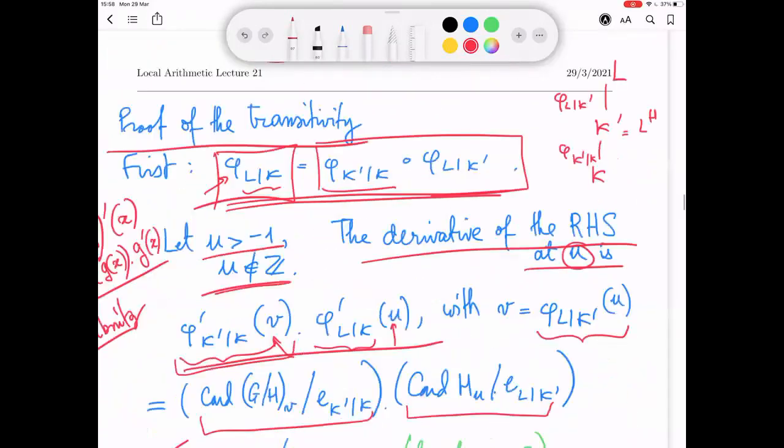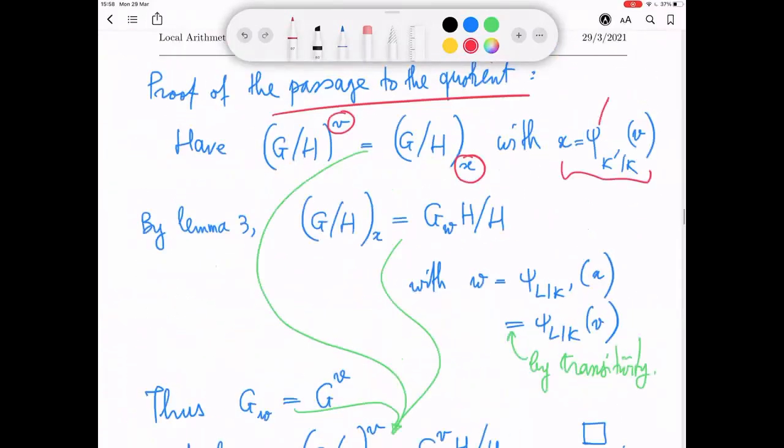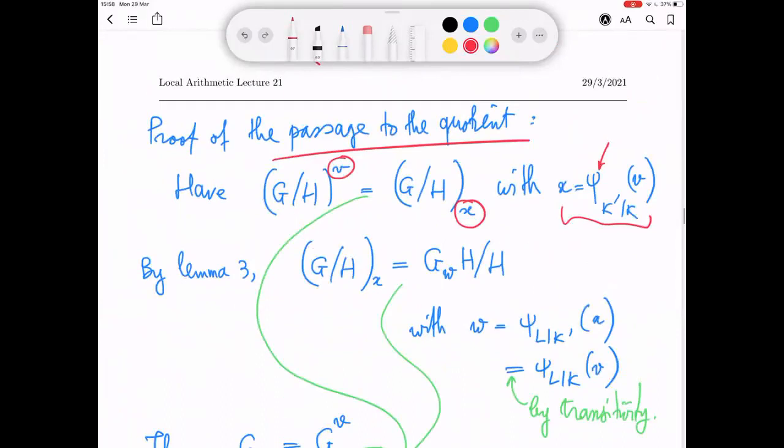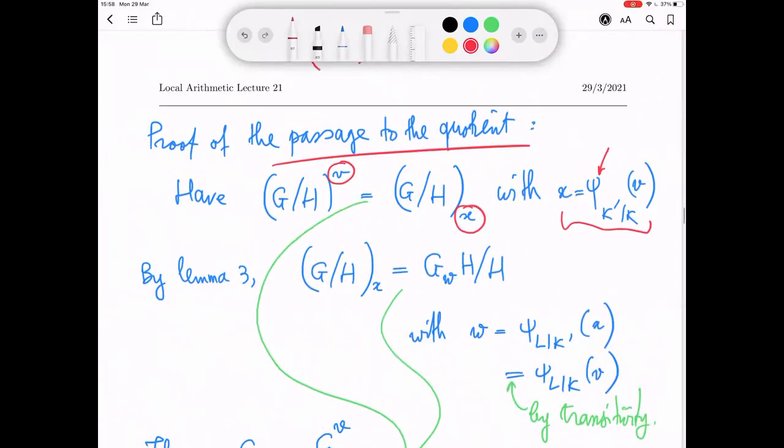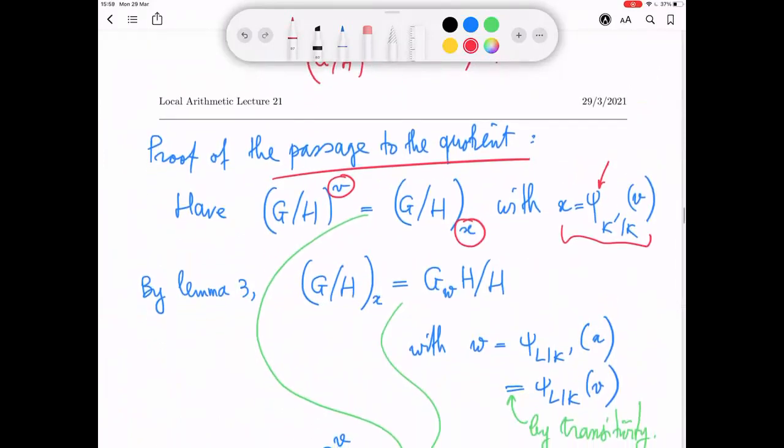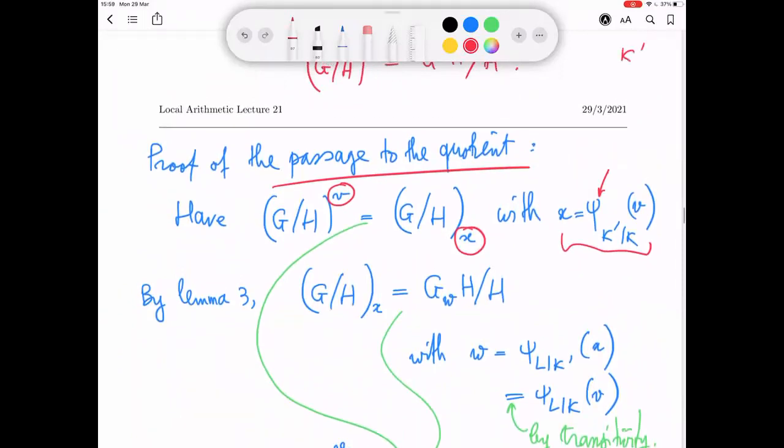Which one has been used? Yeah, the one involving psi has been used. G upper V, or G mod H in this case, the group is G mod H. G mod H upper V is G mod H lower psi of K' over K of V. So G mod H, of course, is the Galois group of K' over K, because K' is the fixed field of H, and the group here is G mod H, right? So we are looking at the function psi.